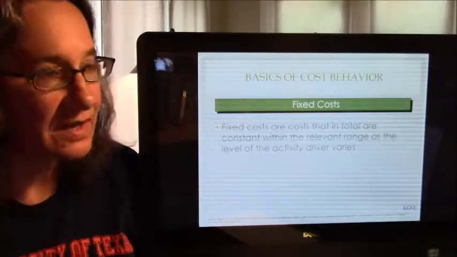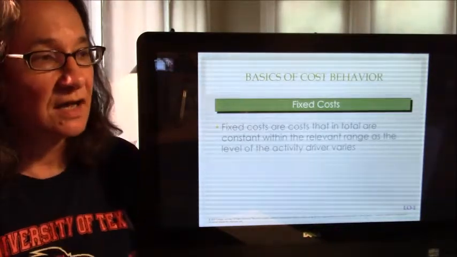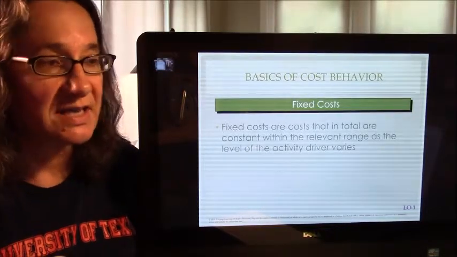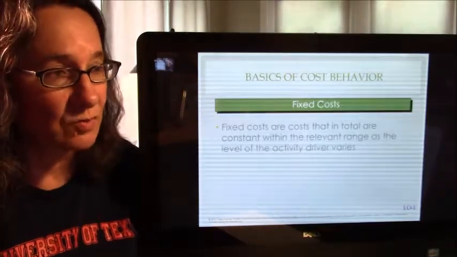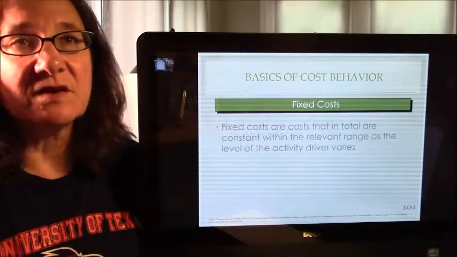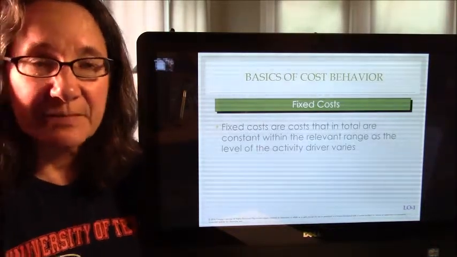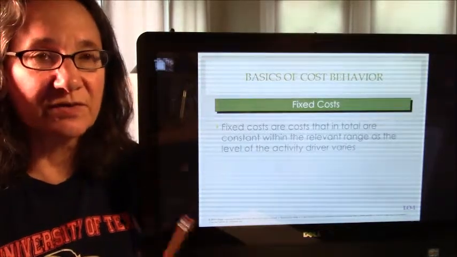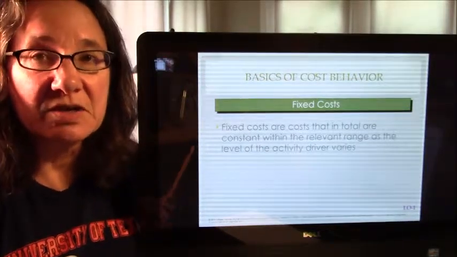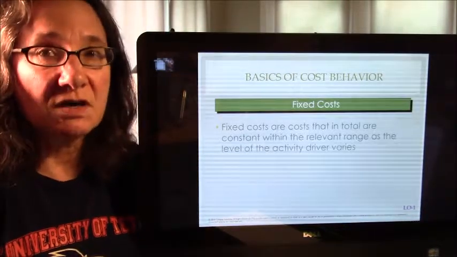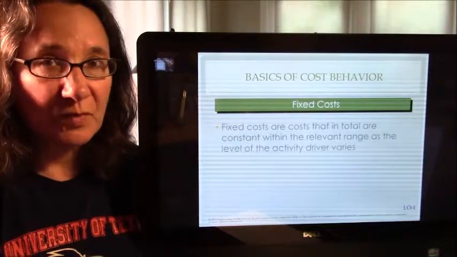Okay, so first of all, let's talk about fixed costs. Fixed costs are costs that in total stay constant within the relevant range as the level of the activity driver varies. So first of all, this relevant range idea, clearly you can produce 1 pencil, you can produce 10,000, you can produce 1,000,000, 10 million, 50 million. So when we do cost accounting, there's a relevant range, right?